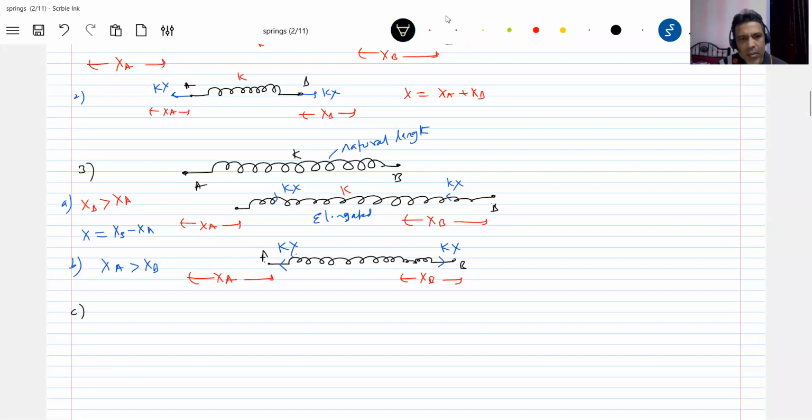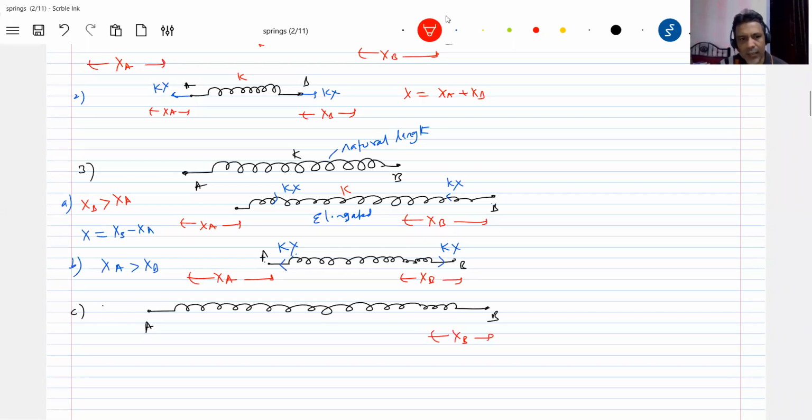If xb is equal to, I think this will be quite easy to assess. And how is the displacement? The displacement of both the ends is away from each other.